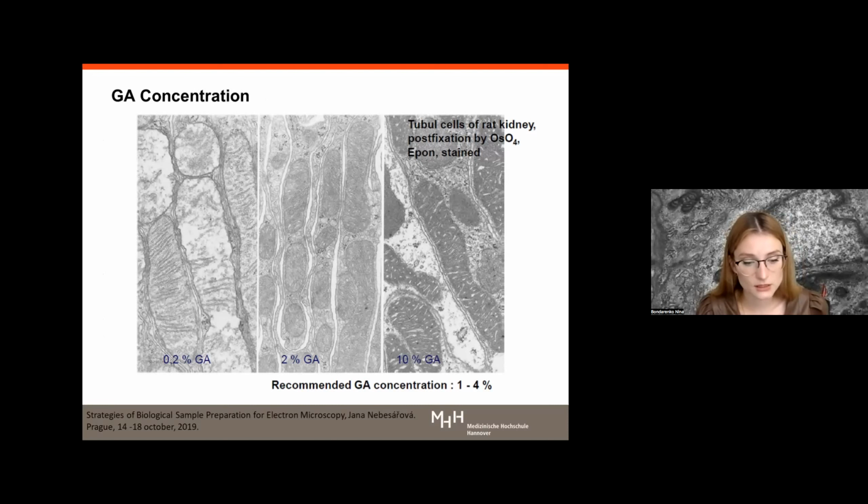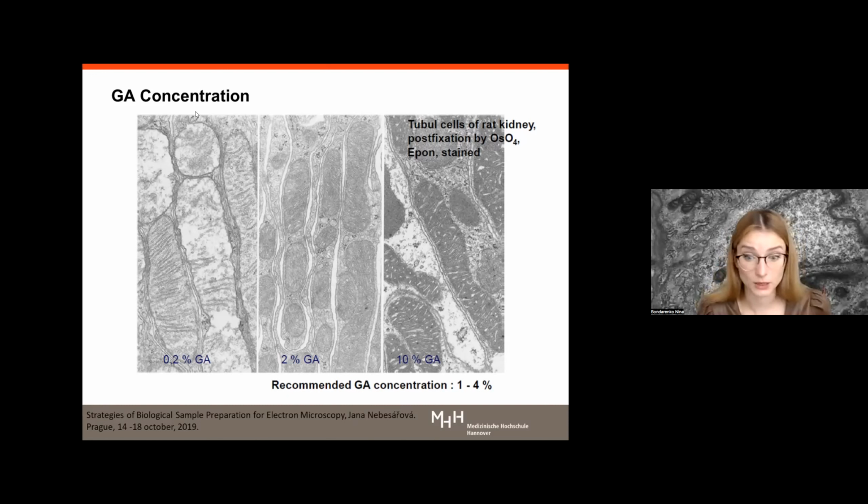These slides describe how different concentrations of glutaraldehyde can influence the ultrastructure, in this case in the rat kidney. Between 1 to 4%, we usually use 2% glutaraldehyde. And what about the choice of fixative agents?